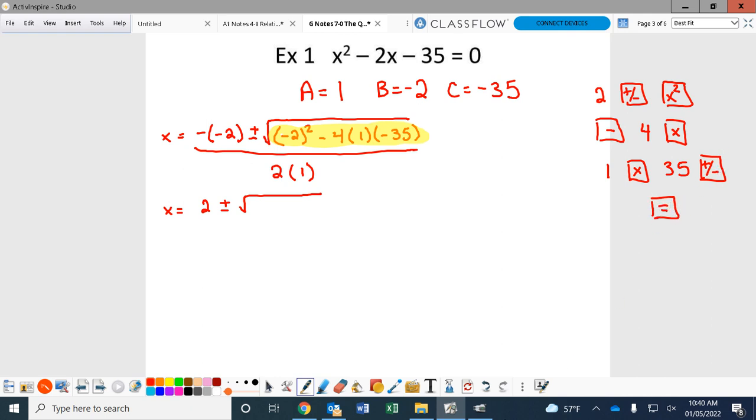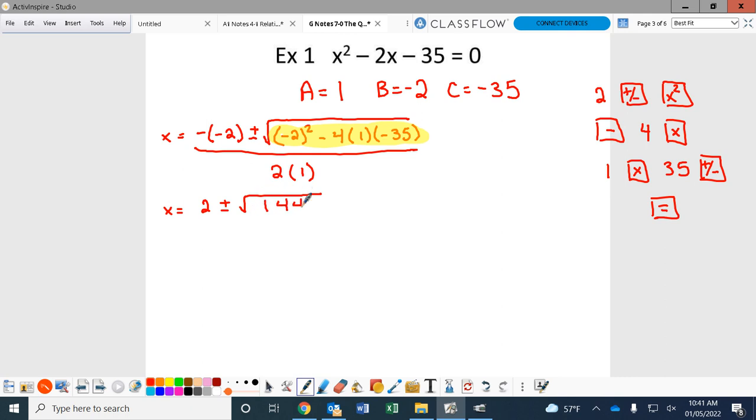I put every keystroke on there, guys. So again, it's 2 negative, and then the square button, minus 4 times 1 times 35 negative equals. It should give you, I think it's 144. Yeah.